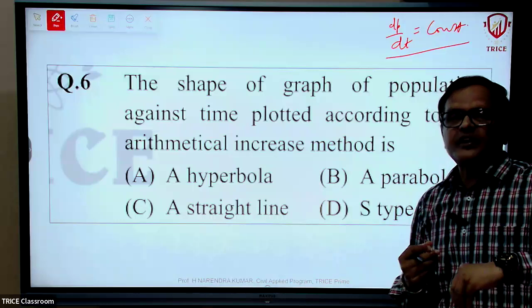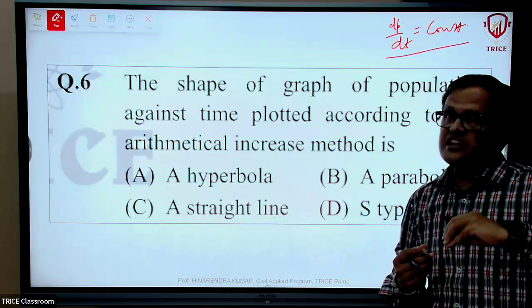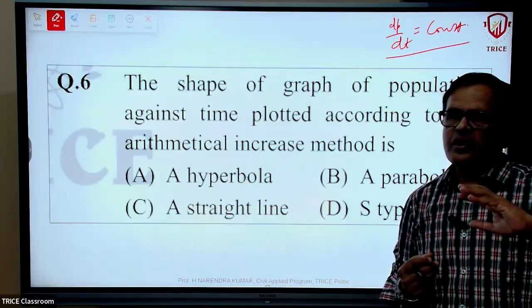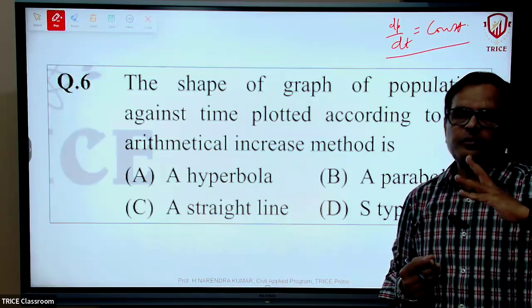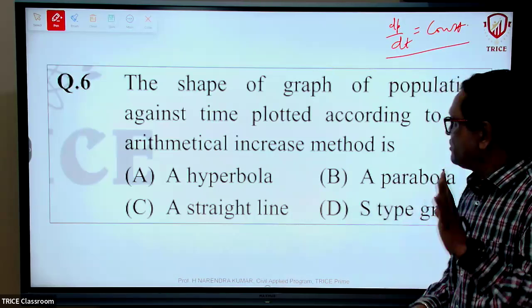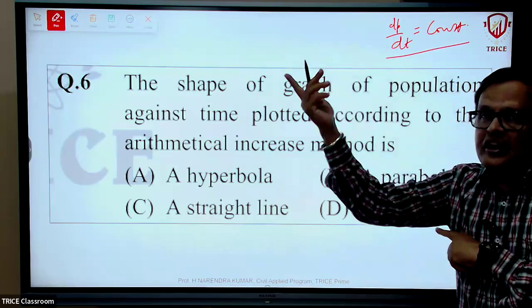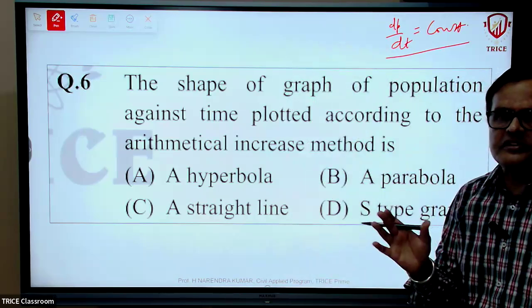The arithmetical increase method and simple graphical method are based on the same assumption. Even in the simple graphical method, we plot a straight line, assuming that the rate of change of population with time is constant. The same assumption is made in the arithmetical increase method. That is a graphical representation, but this is a mathematical representation. That's all the difference, right?